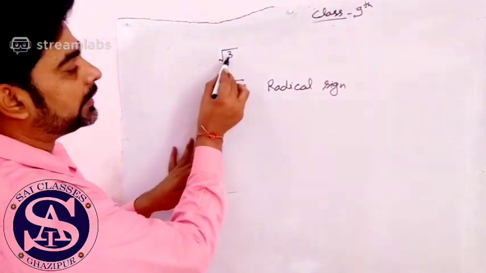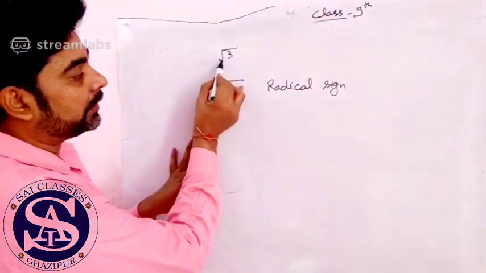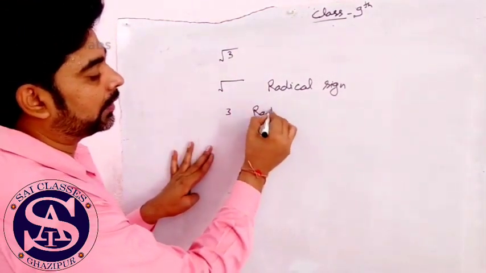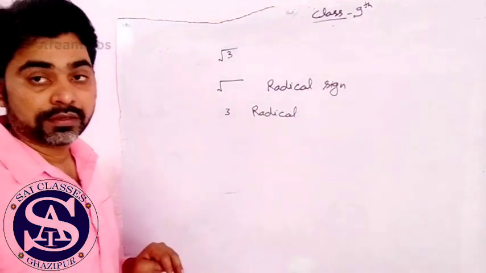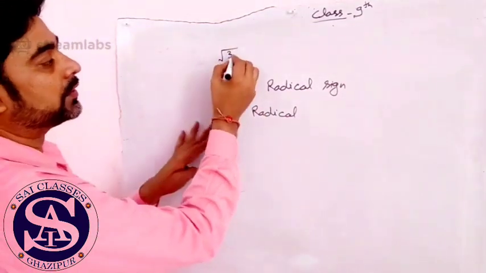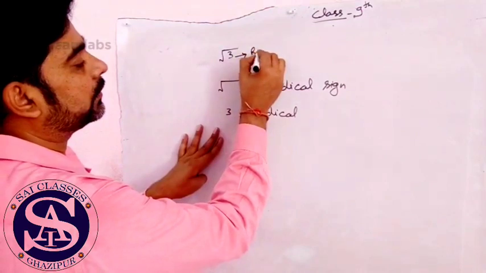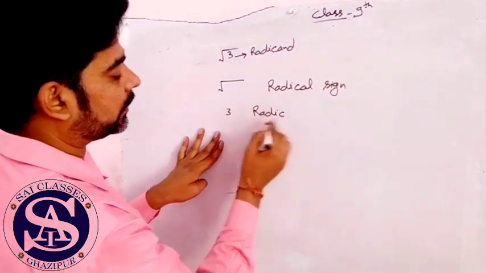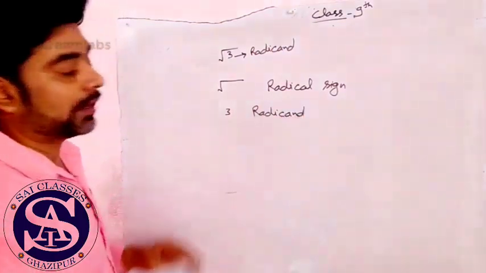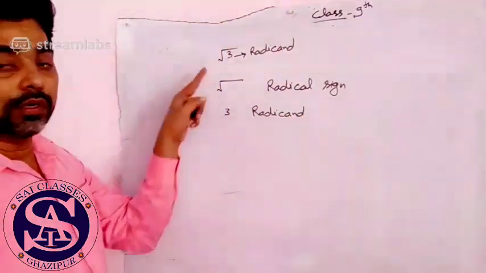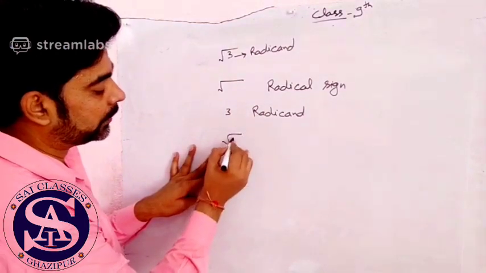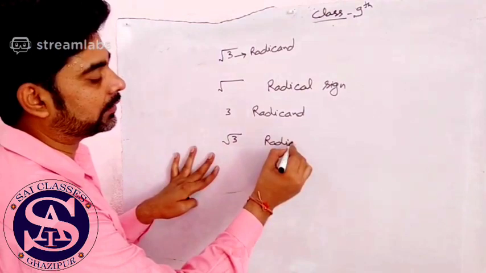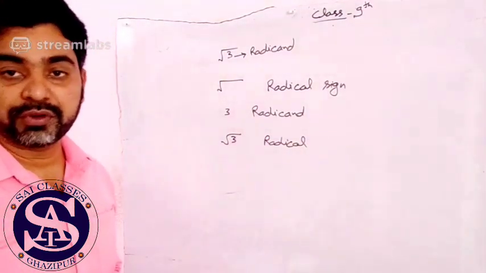And the value inside the square root, that is 3, is called the... Sorry, radicand. This 3 is called the radicand. And the whole term, square root 3, is called the radical. I hope you understand.